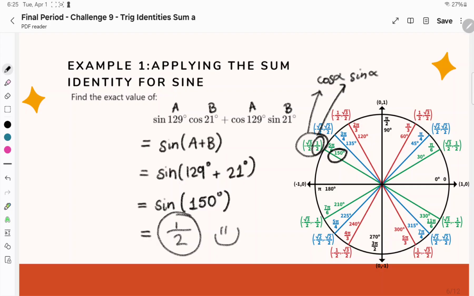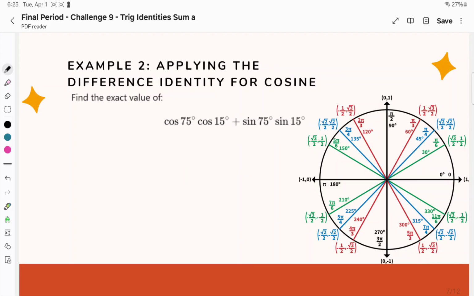Okay. First example. We're going to go to the next one. So let's look at our next example. We have the product of cosine of 75 degrees and cosine of 15 degrees plus the product of sine of 75 degrees times sine of 15 degrees.